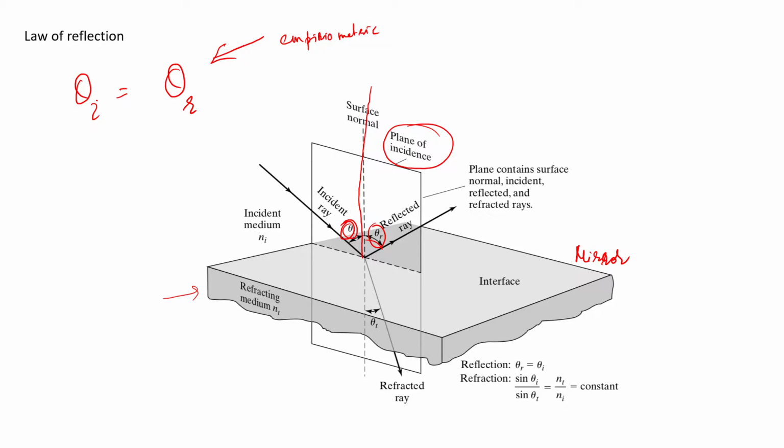But this does not in any way explain why theta I is equal to theta R. It's something that you observed, and all that I'm doing is writing it mathematically. I'm not giving you any fundamental reason, any rationale about why theta I should be equal to theta R. And as physics students, this is what we are supposed to do: investigate why theta I should be equal to theta R. Why can't theta I be greater than theta R, or theta R be greater than theta I?